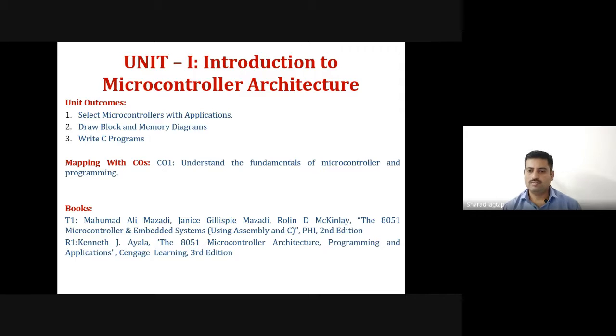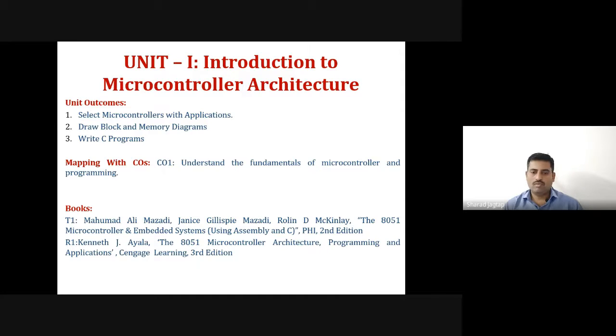After completion of this unit, we have to achieve the outcomes from the students. First, select microcontroller with application. By studying this first unit, students are able to select the microcontroller for their project application.